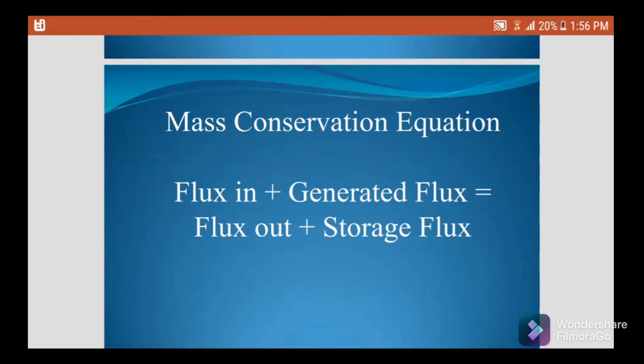Who doesn't know this equation? Has any of you done the mass balance or energy balance before? For example, energy in plus energy generated equals energy out plus energy stored or accumulated. Everything in partial differential equations starts from this kind of balance: energy balance, flux balance, mass balance, etc.